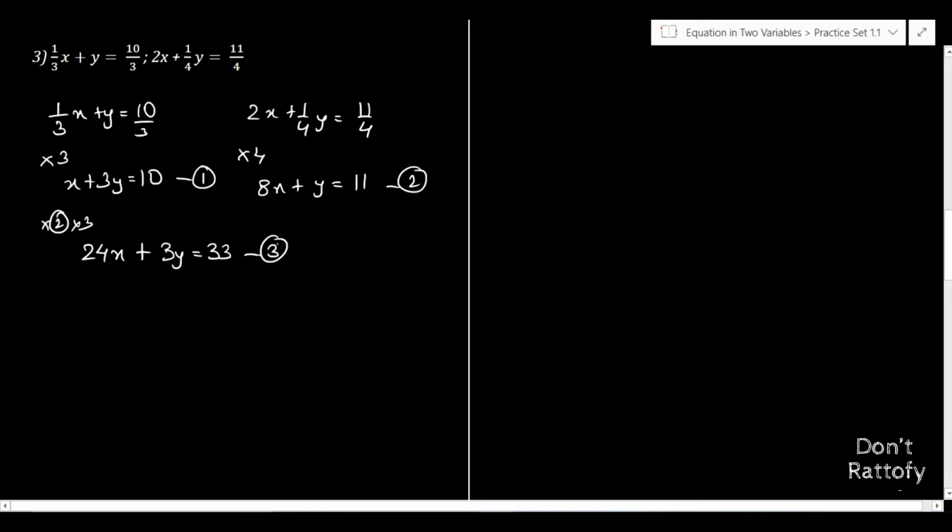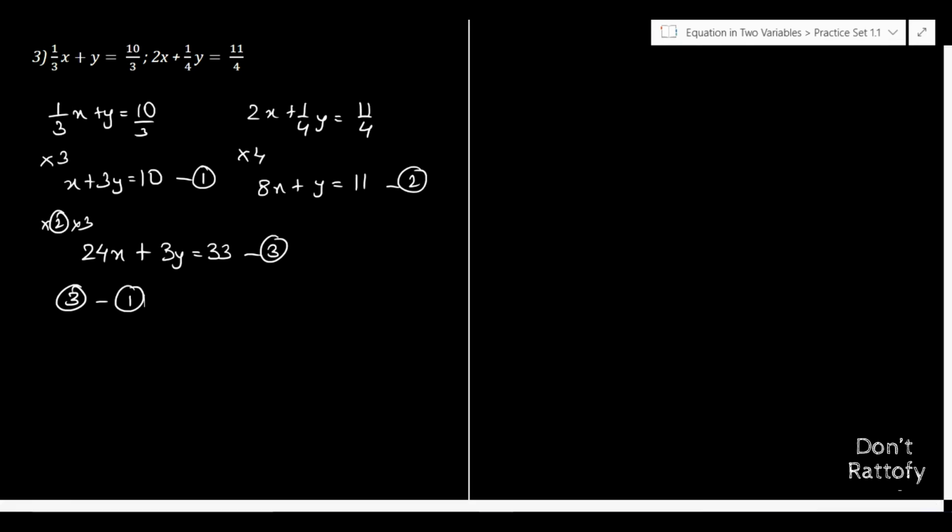Now you can see in the first and the third equation, the coefficient of y is 3, right? So we can solve ahead. I can eliminate the variable y, and how we can do it is equation 3 minus equation 1.